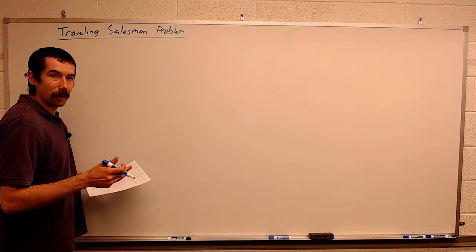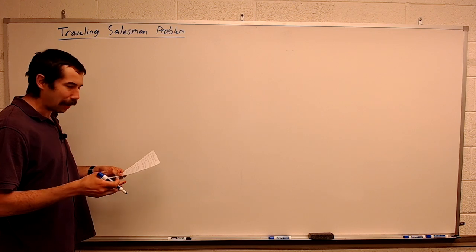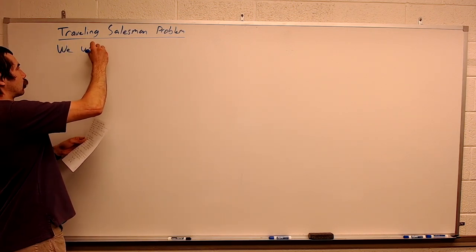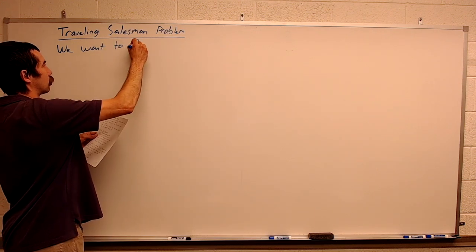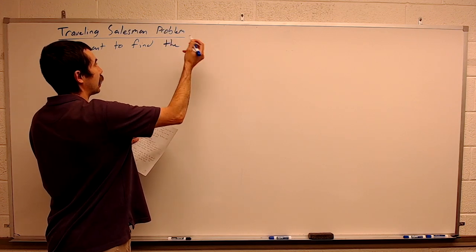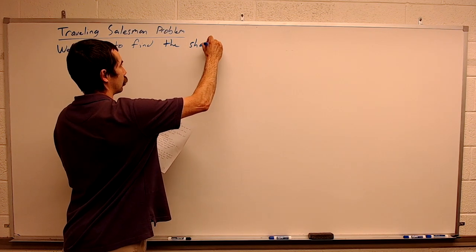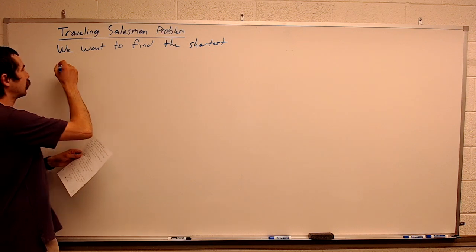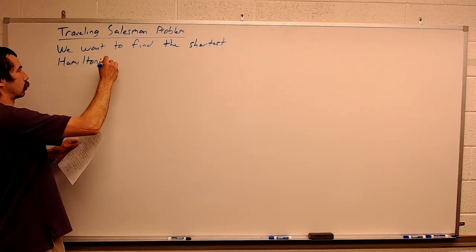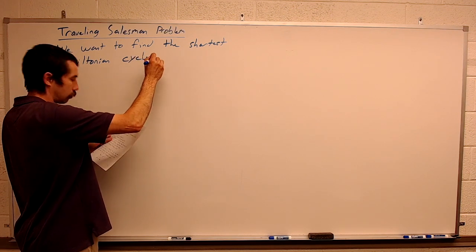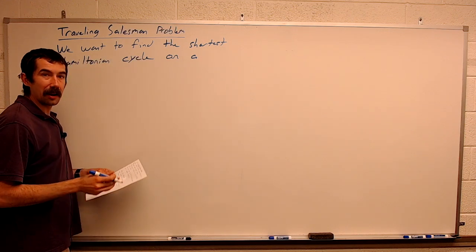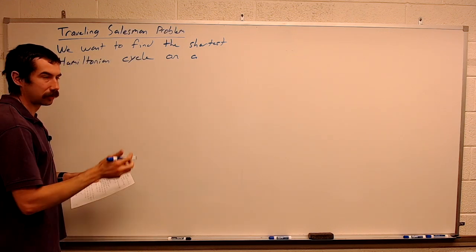And so how we do that in graph theory is we want to find the shortest Hamiltonian cycle on a weighted complete graph.